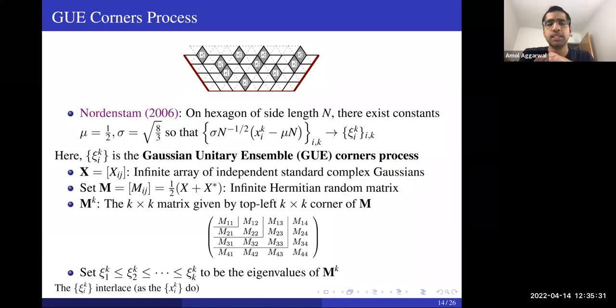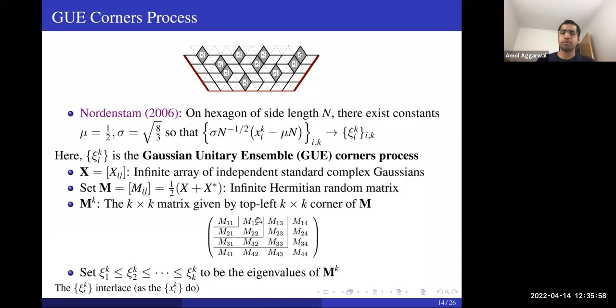So this c_ik can be defined as follows. We let X denote an infinite array of independent standard complex Gaussian random variables, where the ij entry is xij. I'll let M denote one half times X plus X transpose, or X plus X conjugate. So this is an infinite Hermitian random matrix, and then I'll cut out corners of this matrix, as shown over here.